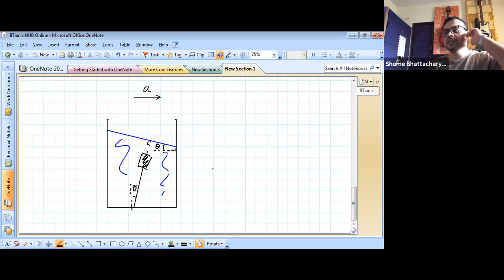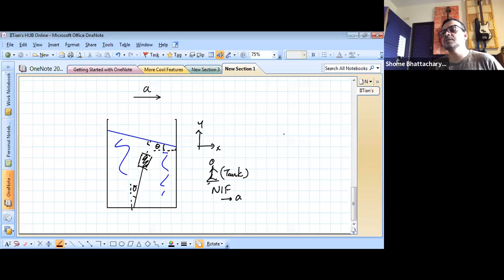And I'll explain why that happens, because if you look at an XY frame attached to the tank, it becomes a non-inertial frame. It's traveling with an acceleration like this. In that frame, what is happening? The pressure gradient is like this, minus rho a, because of pseudo force.